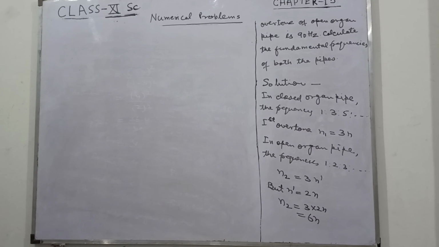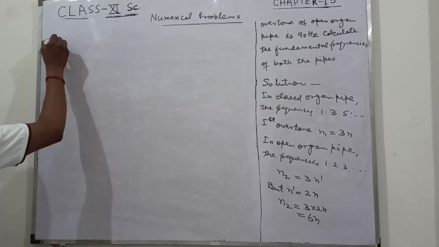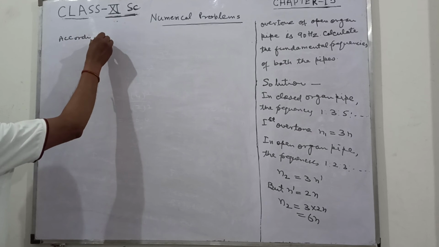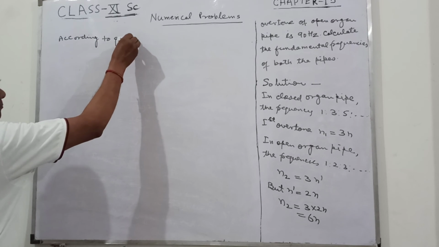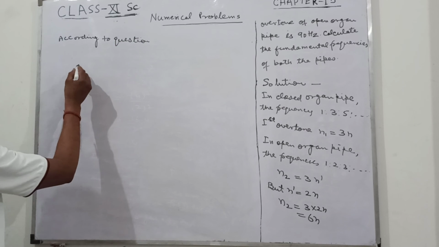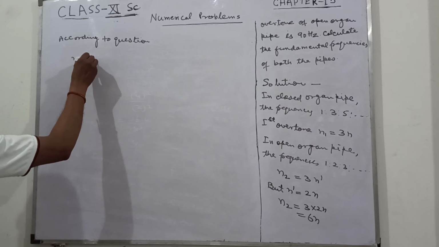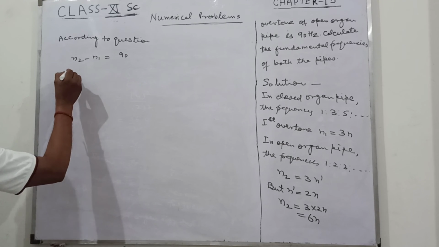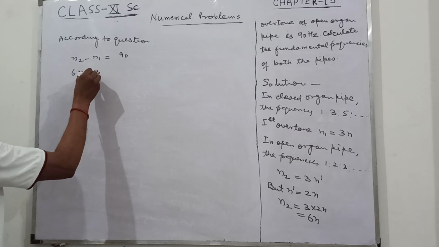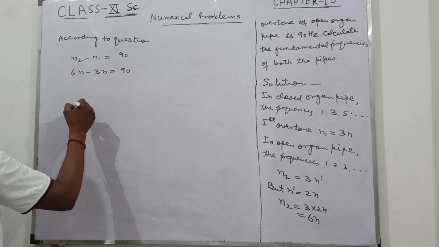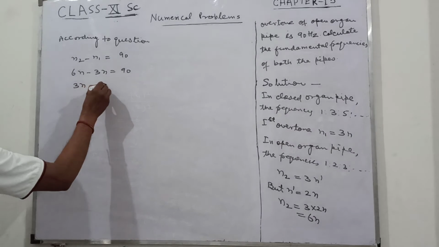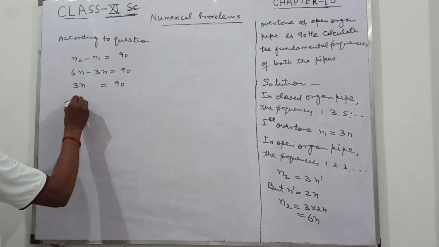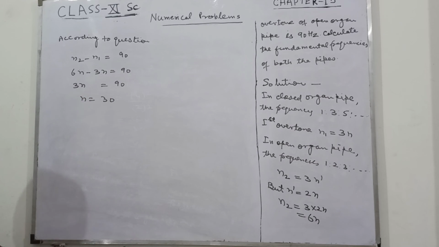Now according to the question, N2 minus N1 is equal to 90. N2 is 6N, N1 is 3N, so 3N equal to 90, so N equal to 30.